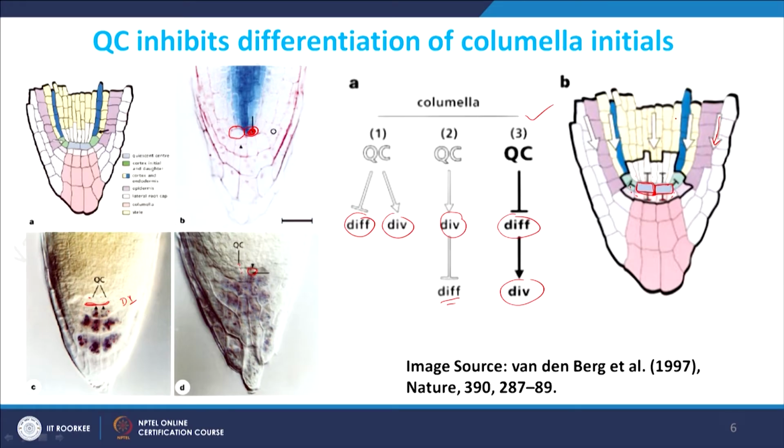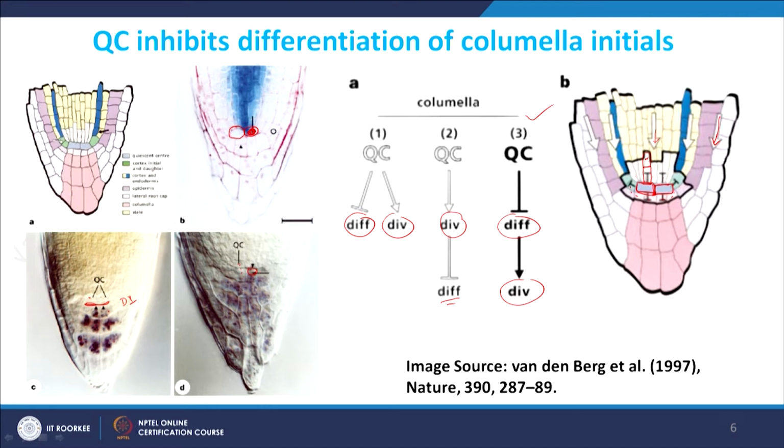And what happens here, if you have the inhibition signal, the differentiation is inhibited. But once these cells divide, let us assume this is an initial cell and it divides, the cell present at the upper side now loses contact with the QC, which means it might not be getting the inhibition signal responsible for differentiation inhibition, but at the same time it is getting the signal from the top, which promotes differentiation.